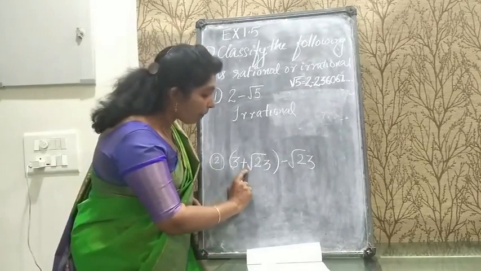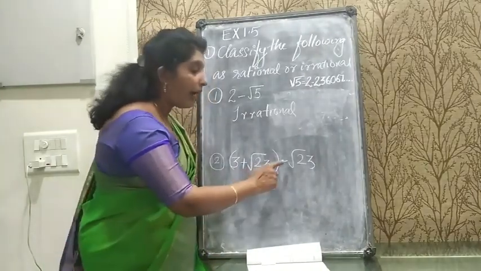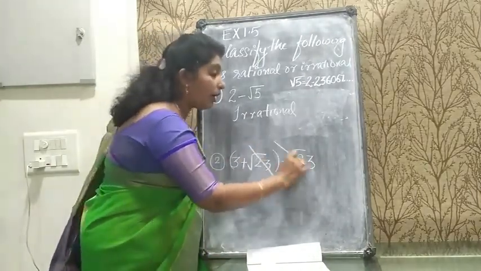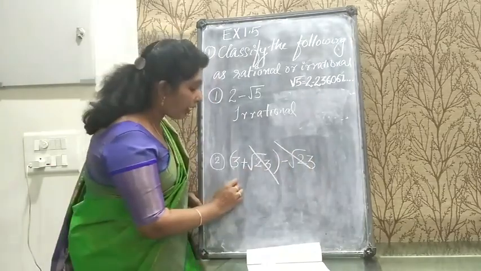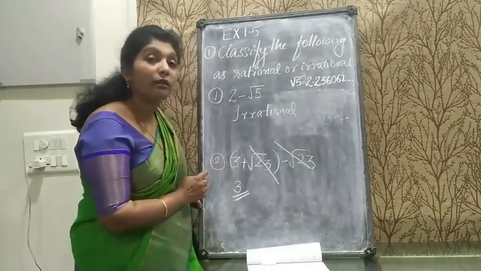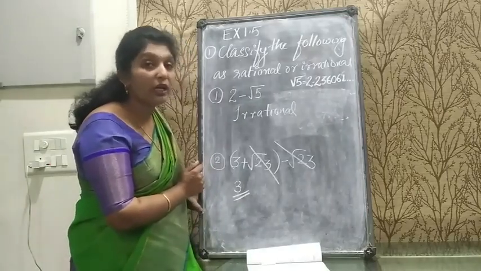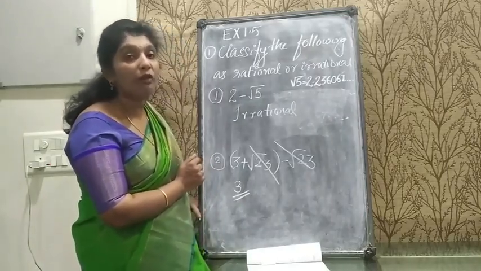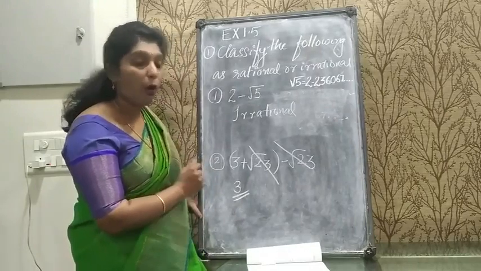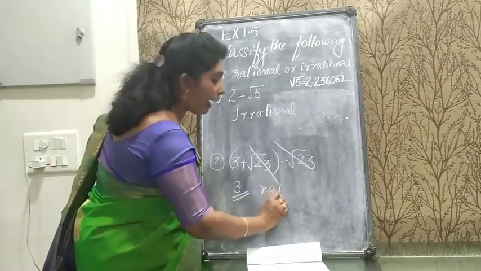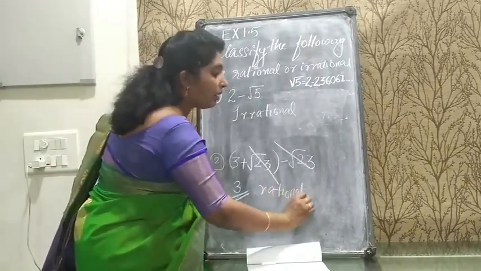Plus root 23 and minus root 23 can be cancelled. At last you will get only 3. So, 3 is which type of number? Rational number, because 3 can be written as 3 by 1, which is in the p by q form. So we can write it as a rational number.